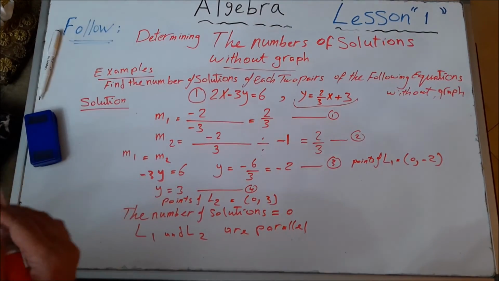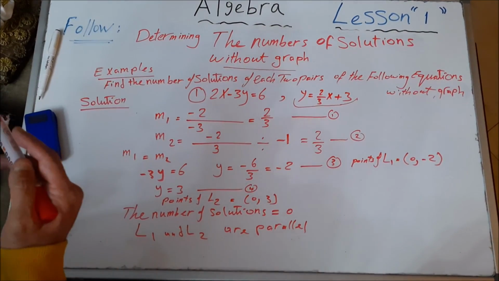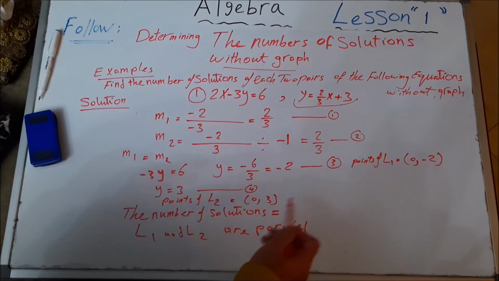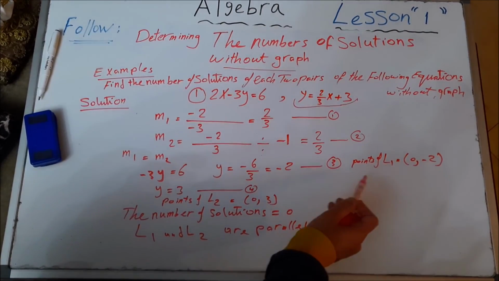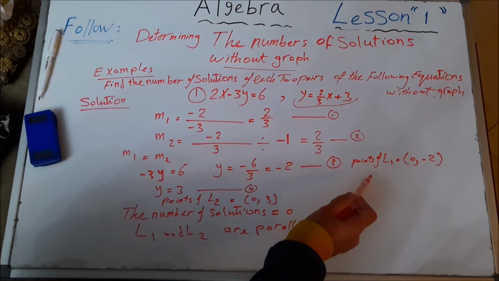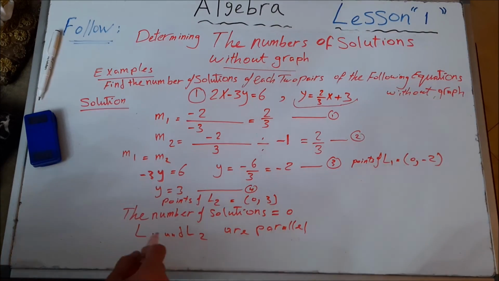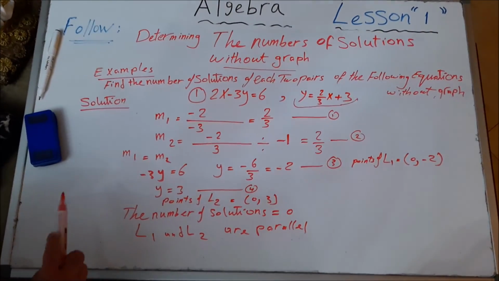If the points are different, as in this case, the number of solutions equals 0, and in this case L1 and L2 are parallel.